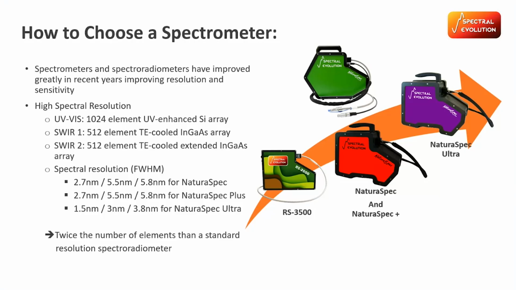So that's the specs that are inside the instrument. The NaturaSpec is our most common instrument, and this year we've launched our NaturaSpec Plus, which is the same resolution as the NaturaSpec, but has a smaller form factor, an integrated battery, and compatibility with a sensor probe, which will give you additional metadata within your data collection.